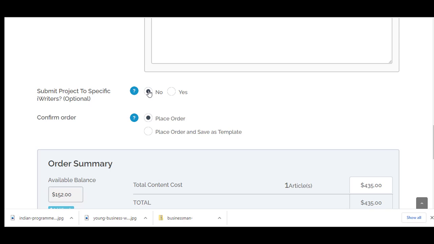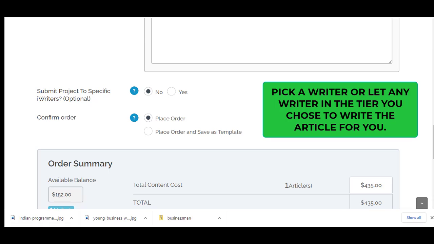You can just go to no, and you're going to throw your job out to millions of writers out there. They're looking for work, right? So like I said, you pick your preference. So far, I have not picked any specific writer for me. I was happy with all the writers, and I'm saving them in my favorites.